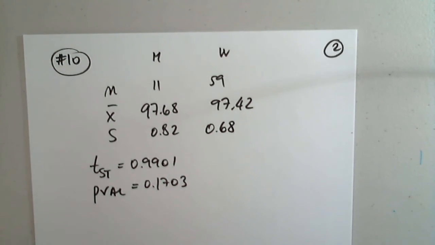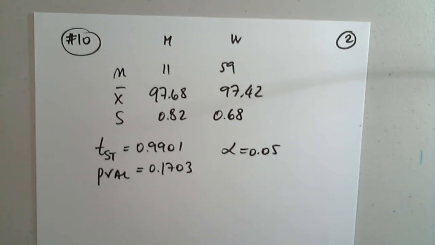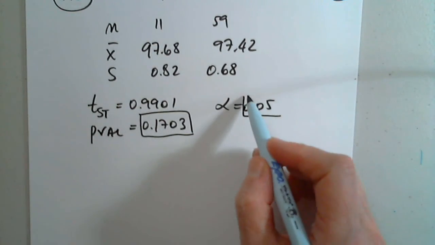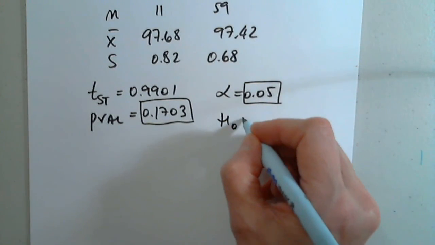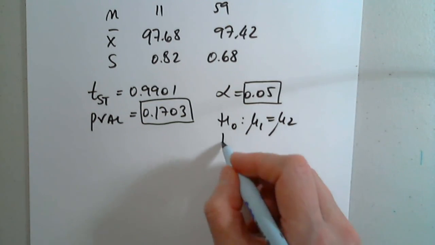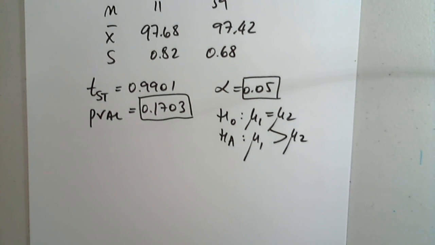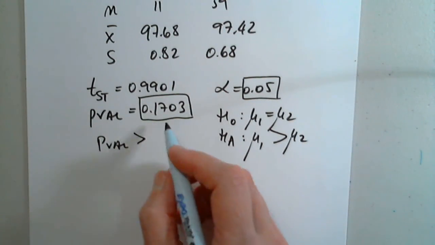Okay, so now let's draw a conclusion. Remember, alpha is given to us, 0.05. So alpha equals 0.05. This is the p-value, and this is the alpha, the level of significance. So what happens to the null hypothesis? Remember, the null hypothesis is mu1 equals mu2, and the alternative is mu1 greater than mu2. Fail to reject, because the p-value is greater than alpha.